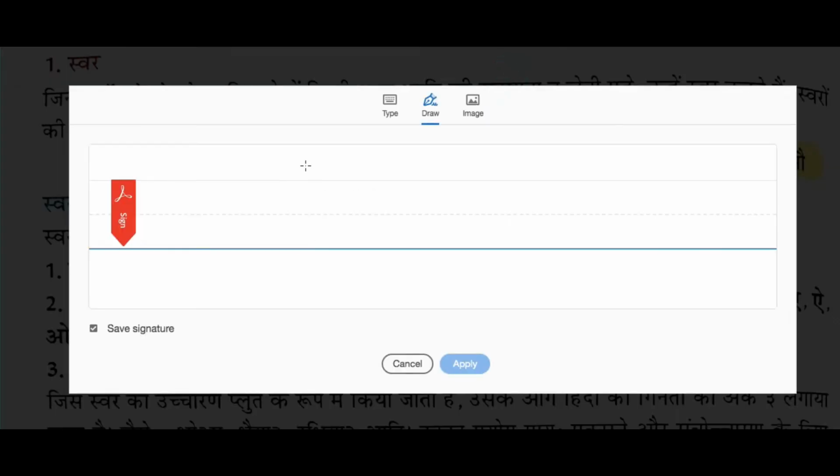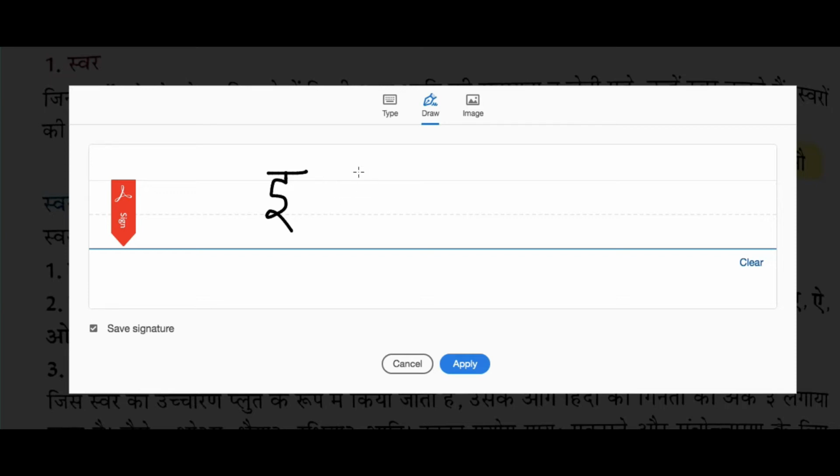Suppose, you have learned that swar or vyanjan: ka kha ga gha, that is vyanjan, and a i, that is swar. So when you are writing e, there is no help, no support or any sound to write this.